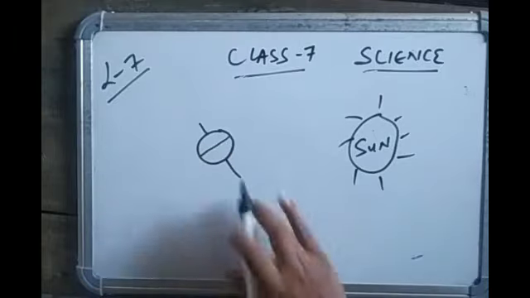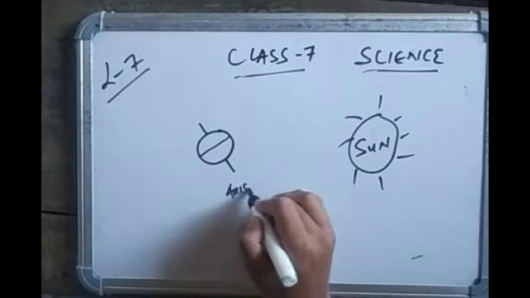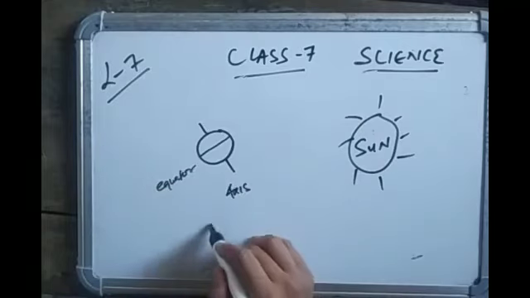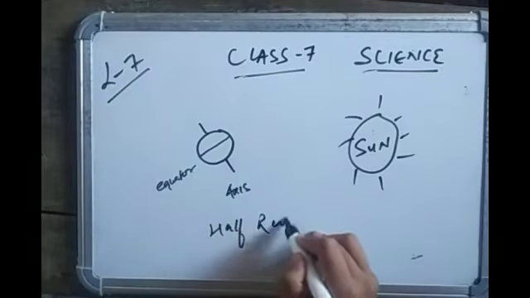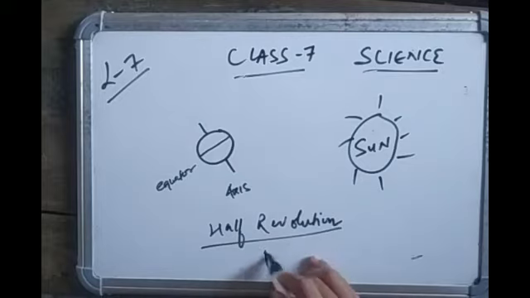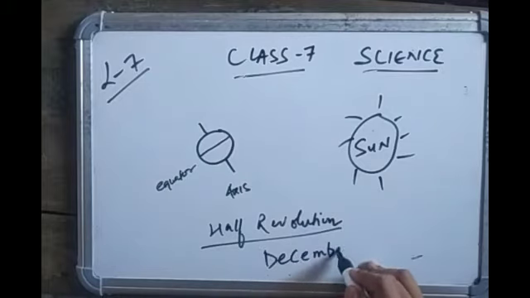This is the axis, this is the equator. Half revolution is June, July, August, September, October, November, December. Half revolution is December. This is winter.